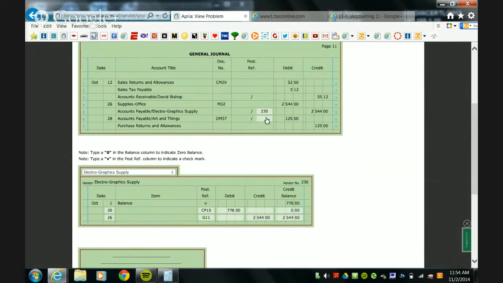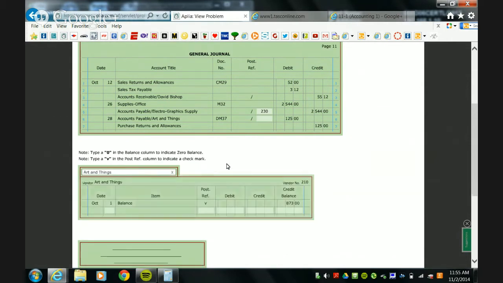Okay, our next one is Art and Things. So we pull that up, it's 210, from right there. In this case, we've got a debit on the 28th, again from General 11. A debit of $125. So we're returning merchandise that we didn't use.